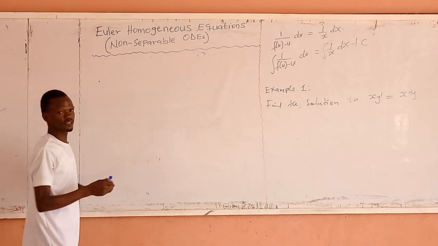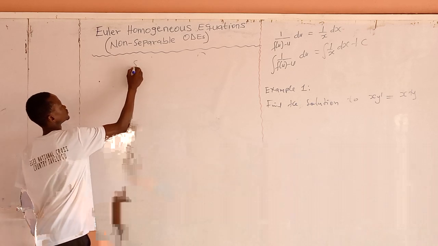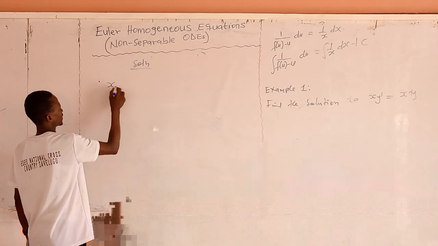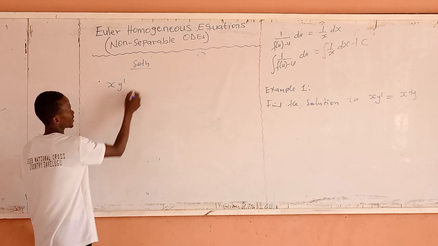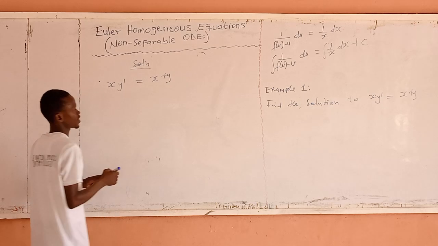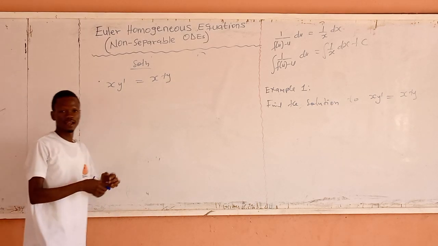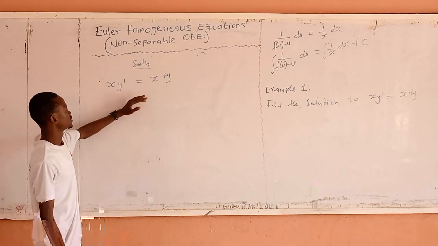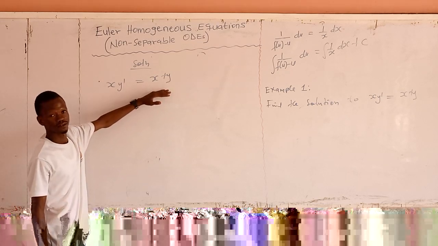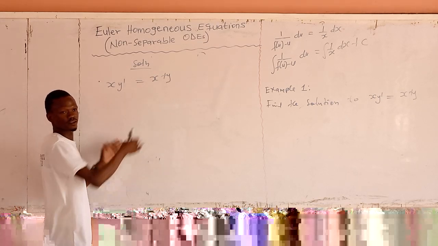So we have the equation given to us as x y prime equal to x plus y. When we see an equation like this, the first attempt is to try separating the variables. But when you look at this equation, it is not possible to separate the variables.